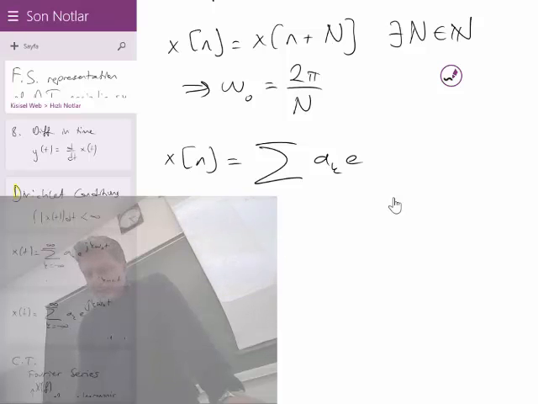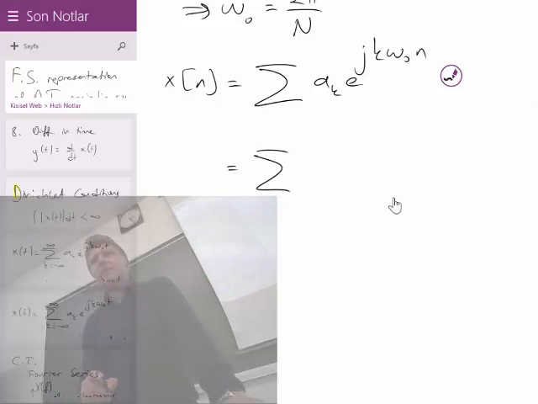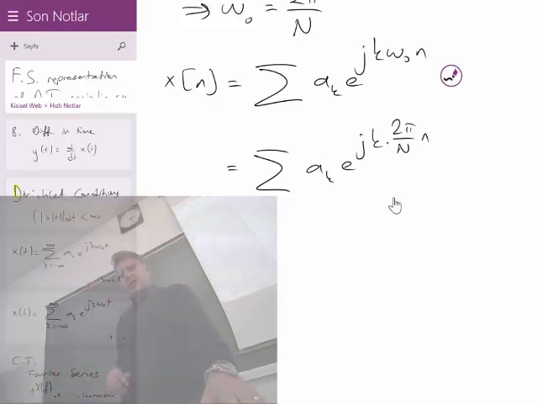The harmonics must be k times omega 0, an integer times the fundamental frequency, times n. You see that this expression is the same as the continuous time Fourier series representation. Up to now, they look the same: a k e to the j k times 2 pi over capital N times n. If you wish, you can write it like this too.